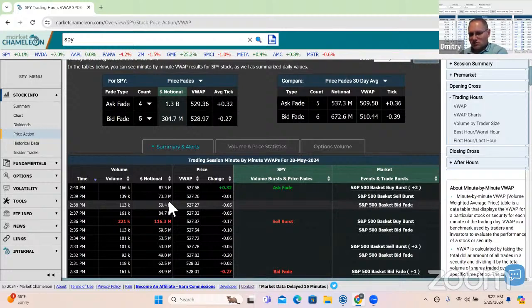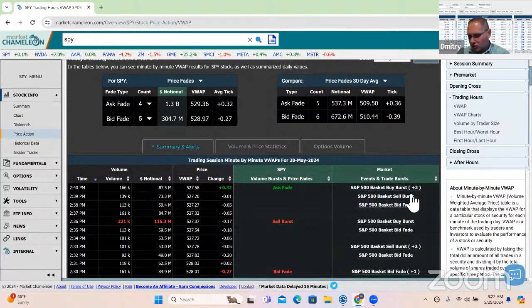The number of shares that traded within that minute was within range, but the stock itself experienced illiquidity to the upside.